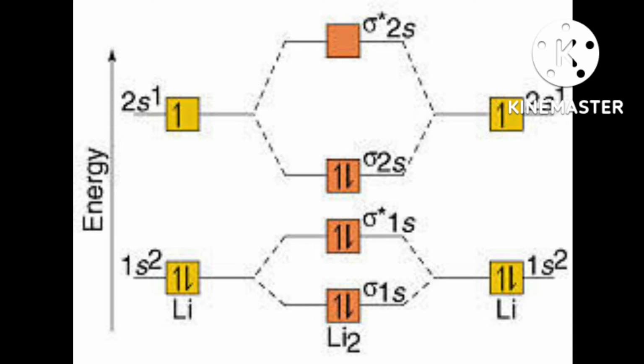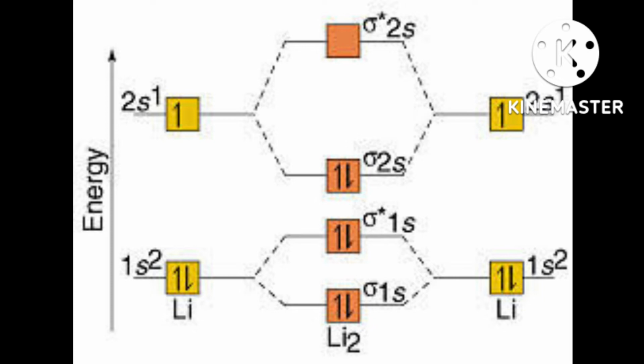As for example, sigma 1s, and then anti-bonding sigma star 1s. Then I have told about the molecular orbitals: two molecular orbitals, first sigma 1s, then the other anti-bonding sigma star 1s.